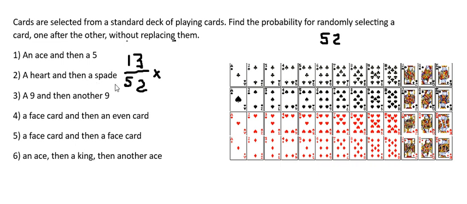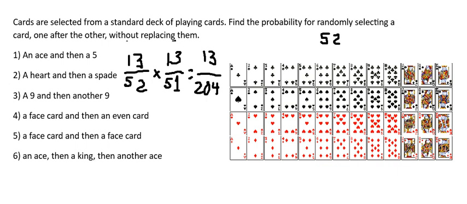Then a spade, that is a spade in here, and we have 13. Because the first one we select one card from heart, so now we have only 51. So we calculate this one, and we have 13 over 204. And this is the answer for question number 2.